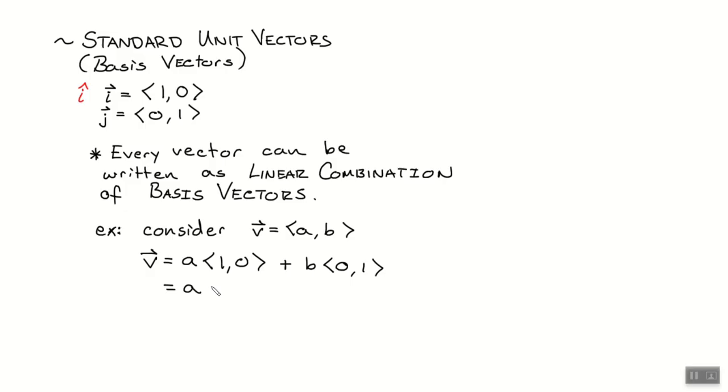And what's the letter of this one? That's A i hat plus B, some scalar, times j hat. And I might like the hat notation. I don't know, I can't decide. Do you guys like the hat? I like that. Okay, cool. These are interchangeable. Every single vector can be written like this.